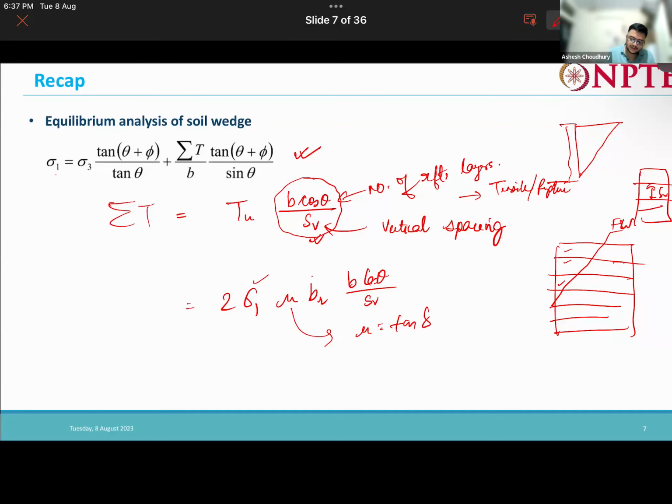Now what we can do, we can replace this summation T by these two expressions, and we can get two different cases. One is for rupture failure, and another is for sliding failure. Okay.